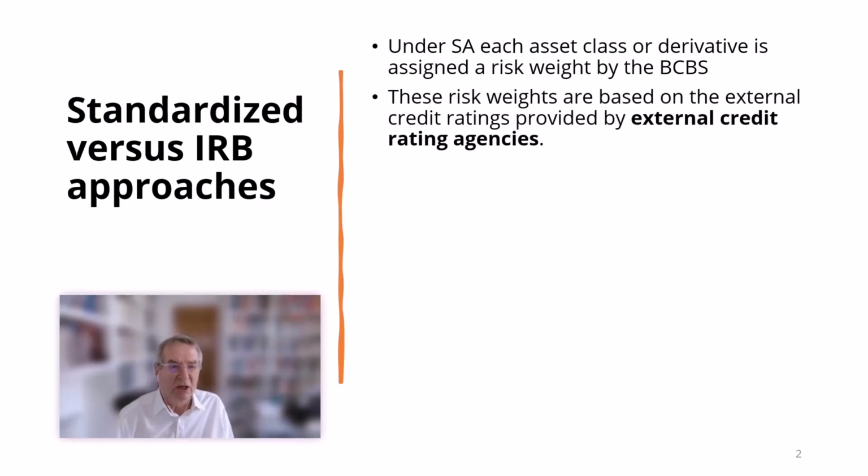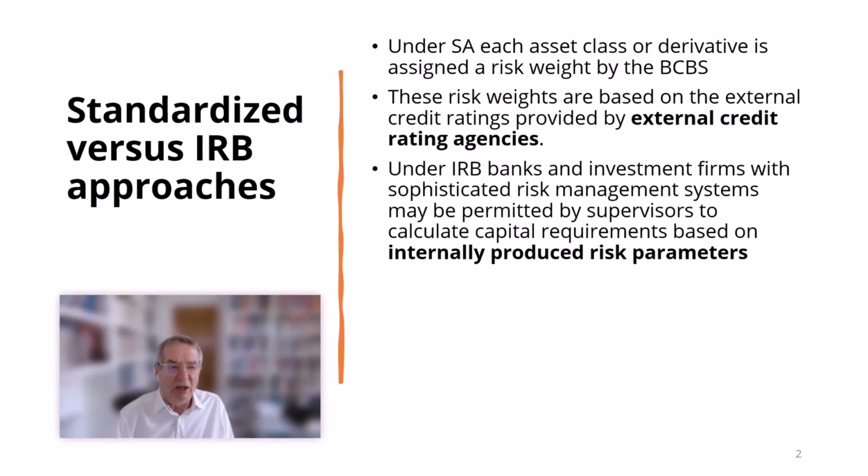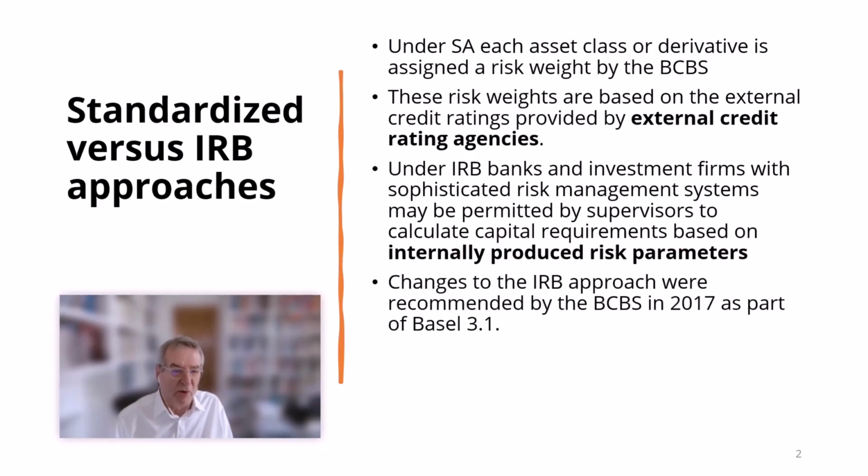We have said that. These risk weightings are based on the external ratings provided by the credit rating agencies, the big three, and an average approach is taken. Under IRB, banks and investment firms with sophisticated risk management systems may be permitted by their supervisors to calculate the capital requirements based on internally produced risk parameters.